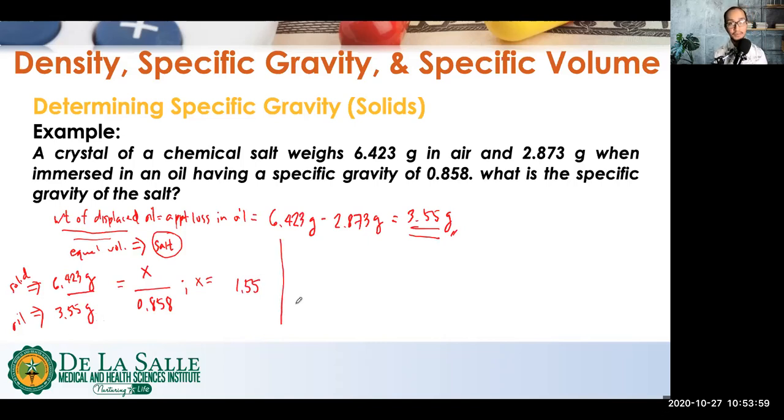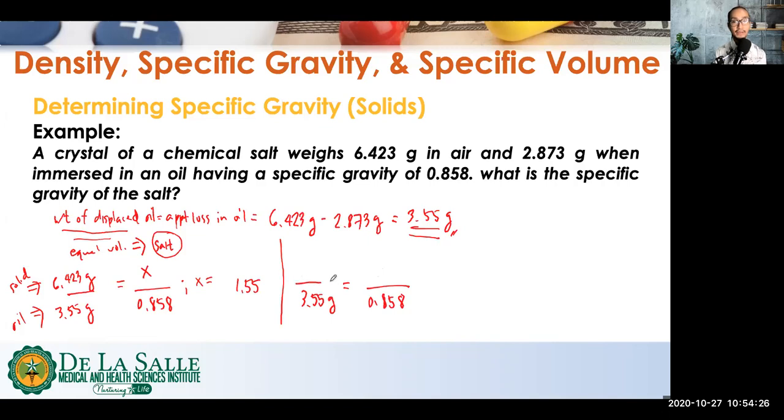Now, there is another way for you to do this. If you would like to use the same principle as before, we will use the formula that we have for specific gravity. What do I mean? We know the weight of the displaced oil, and we also know the specific gravity of the oil, which is 0.858.